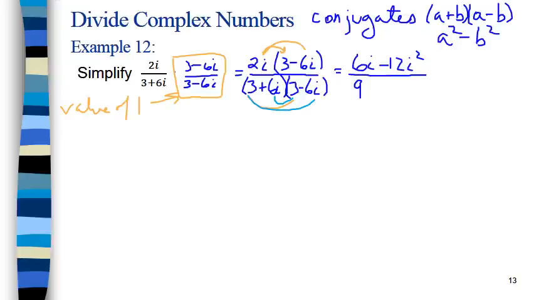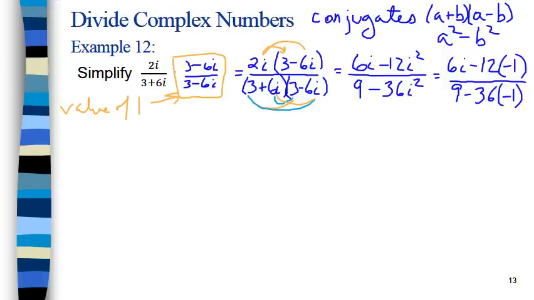And then 6i times negative 6i is negative 36i squared. And remember, i squared is negative 1, so we end up with 6i minus 12 times negative 1 over 9 minus 36 times negative 1.